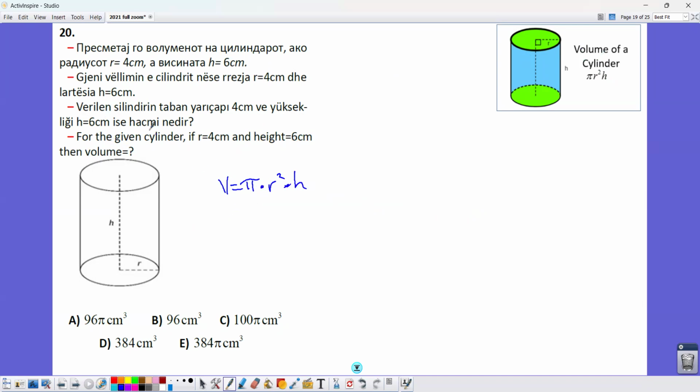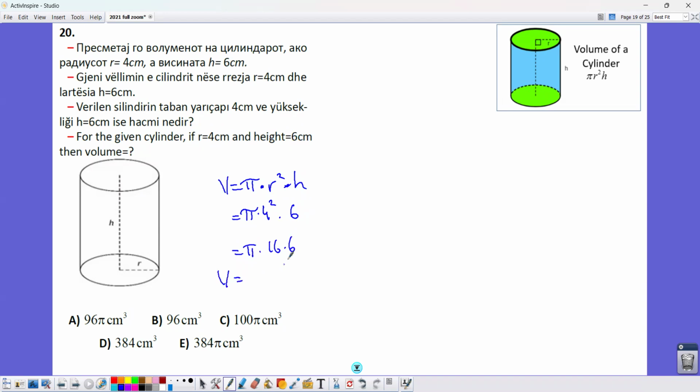Now, in the question, it's not given that you can take pi as 3, okay? So you will leave pi as it is. We are not writing anything instead of pi. Then R is given 4 centimeters, so it will be 4 squared, times H given as 6 centimeters. Then volume will be pi times 16 times 6.